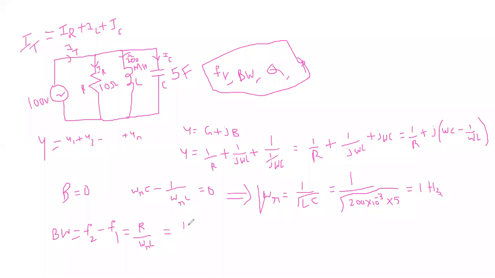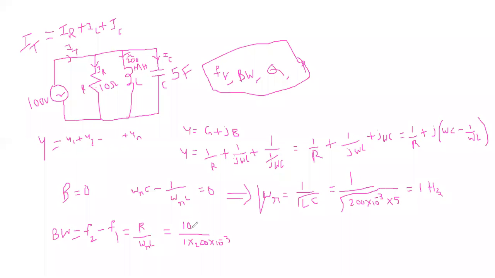R value is 10. 10 divided by 1 into L value, 200 milli Henry, 200 into 10 to the power of minus 3.